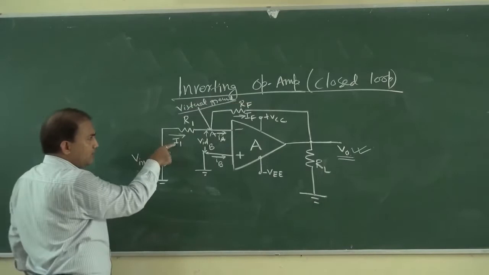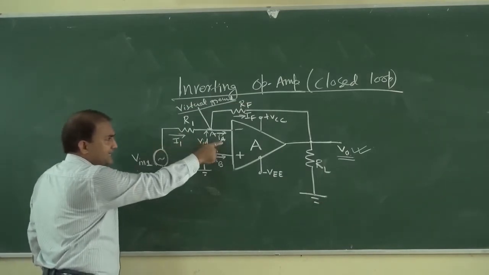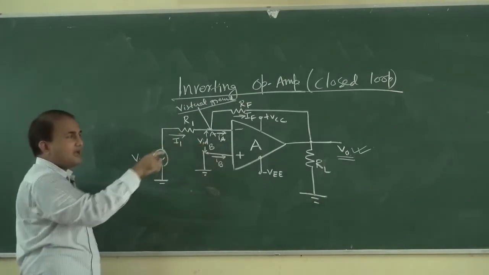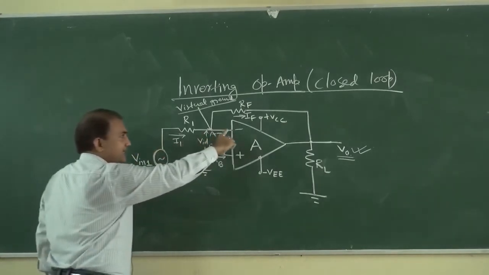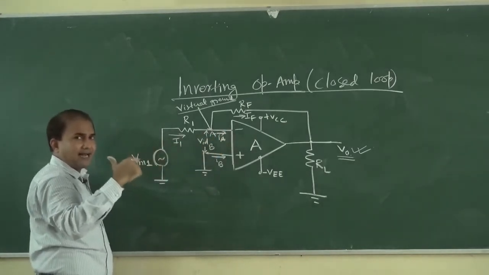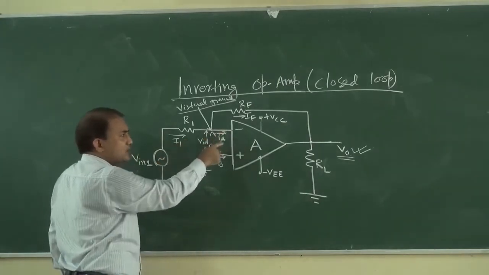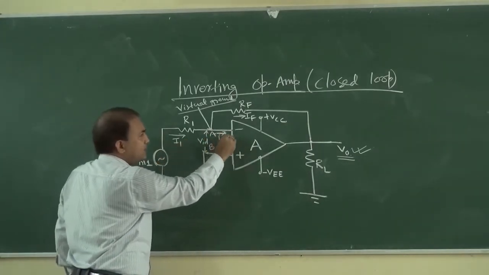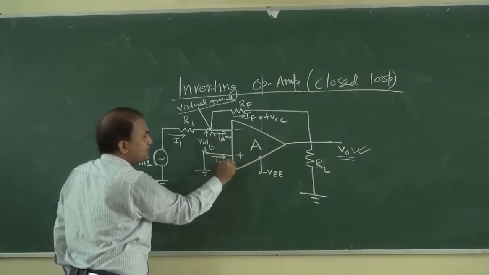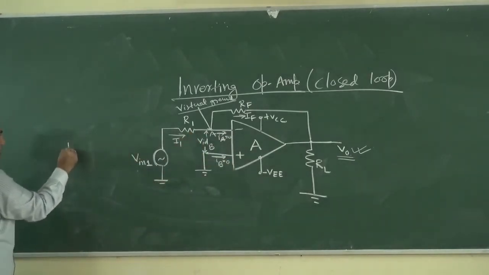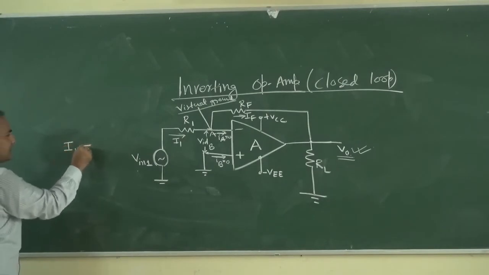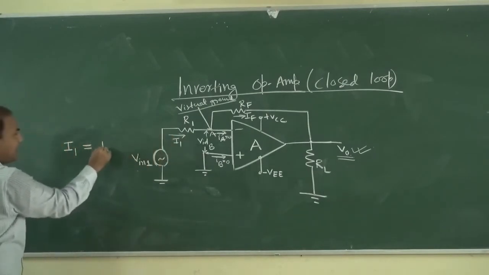Since IA is equal to 0, just now we have seen IA and IB are both equal to 0 because Rin is very high. In either case, it is infinite. So IA is equal to 0. Under this case, I1 is equal to IF.